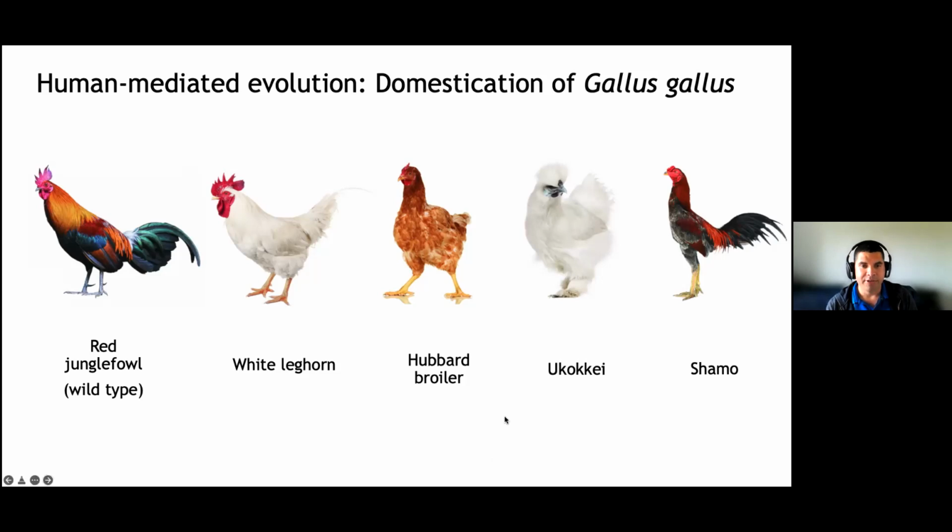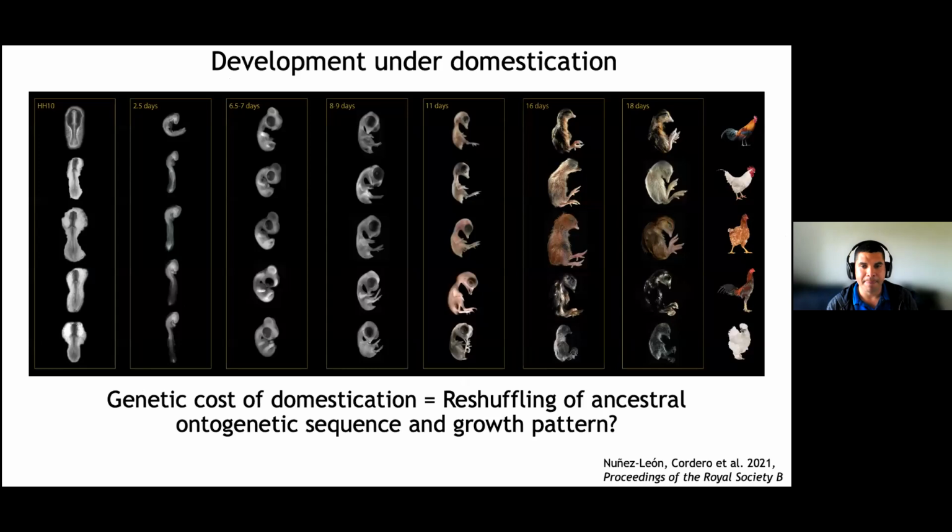And so what was really interesting about this project was that, as I mentioned earlier, we had ontogenetic trajectories for all of them. And so I thought that it was a really interesting opportunity to test the hypothesis that the genetic cost of domestication should lead to a reshuffling of the ancestral ontogenetic sequence in chicken, as well as growth pattern.